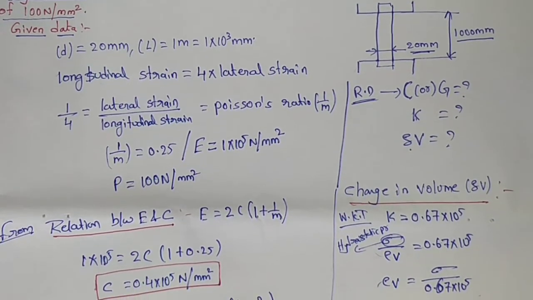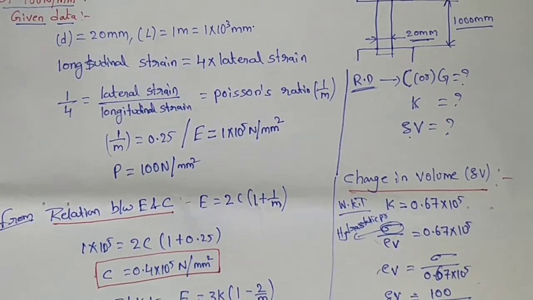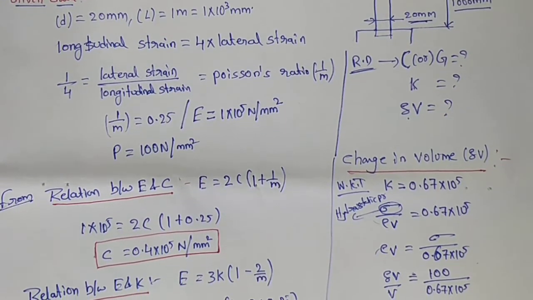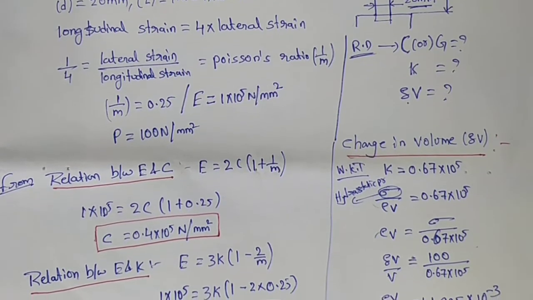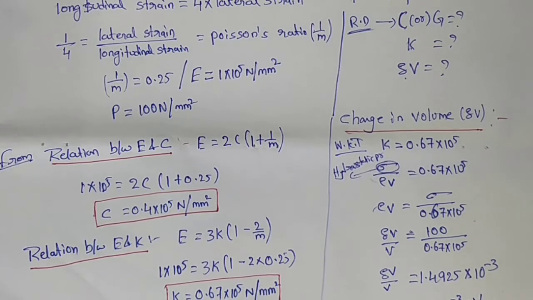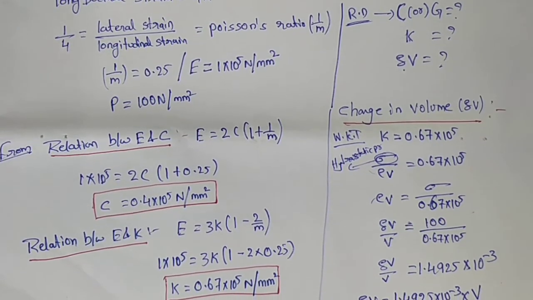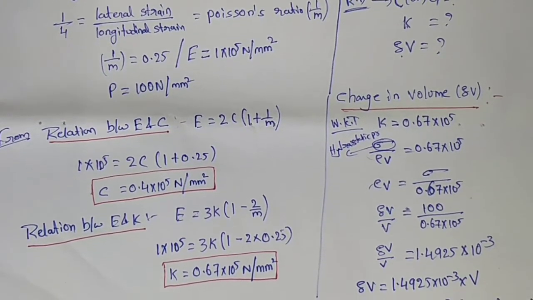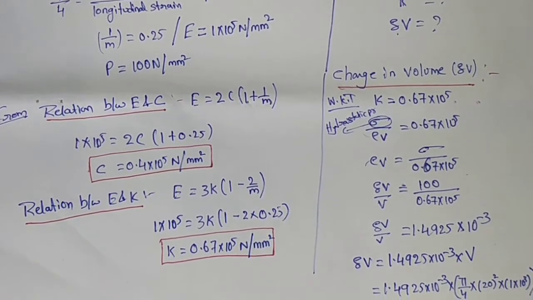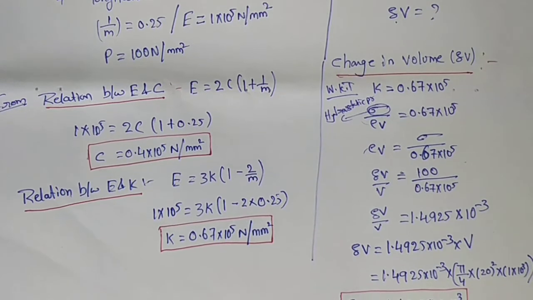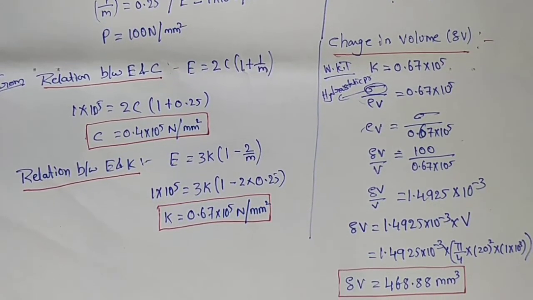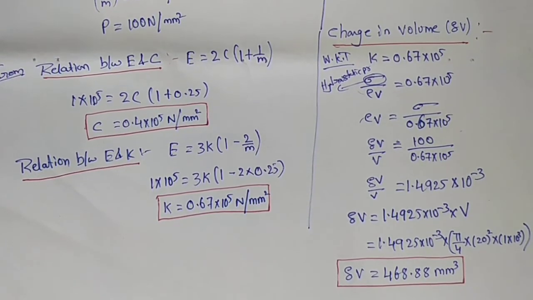Next, by using the relation between E and C, we calculated the modulus of rigidity. Next, by using the relation between E and K, we calculated the bulk modulus. Next, by using the bulk modulus value, we calculated the volumetric strain. Based on the volumetric strain, we calculated the change in volume by using the given hydrostatic pressure value and volume of the body.